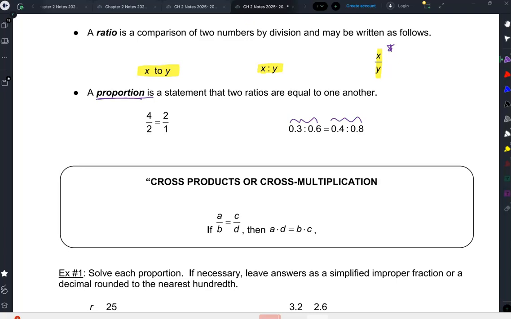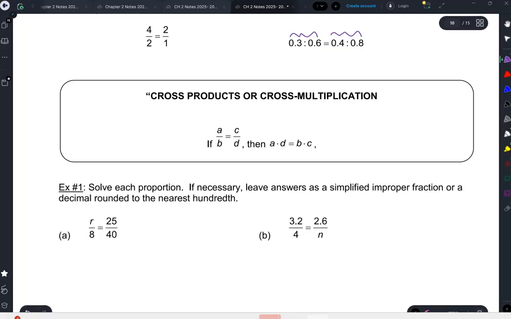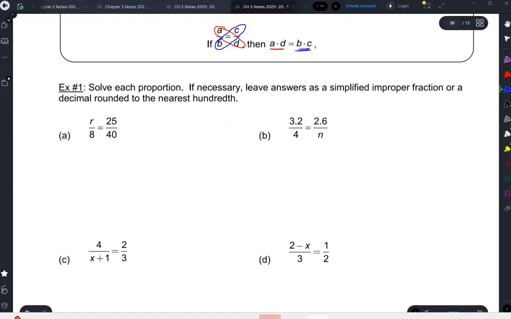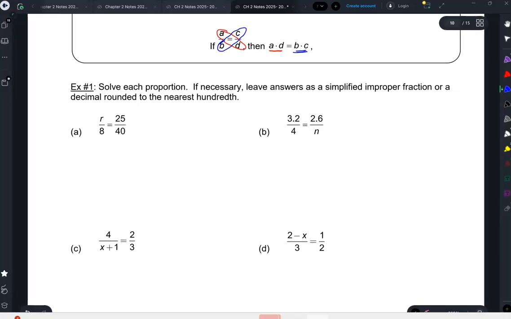One is double the other. They're equivalent ratios. I can set them equal to each other and create a proportion. Now, if you have a proportion, we can cross multiply. So we do A times D is equal to this other diagonal, B times C. All right? So let's go ahead and solve these like that.